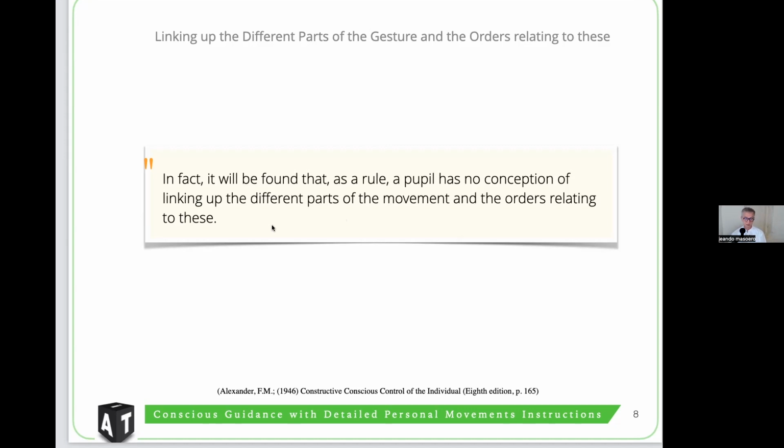And as many modern Alexander teachers are saying, I tend to agree with them that I am not teaching the Alexander technique as they know it. That's absolutely clear. The orders relating to the different parts of a gesture, I never heard of that during my training as a modern Alexander teacher.